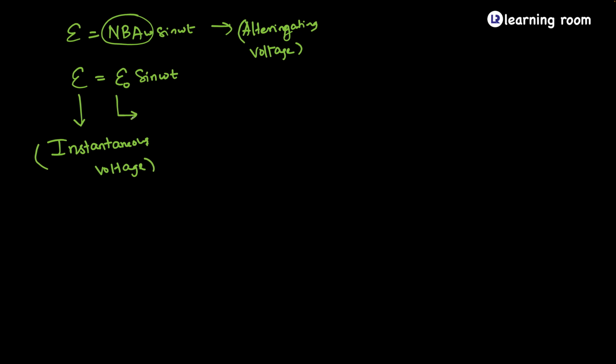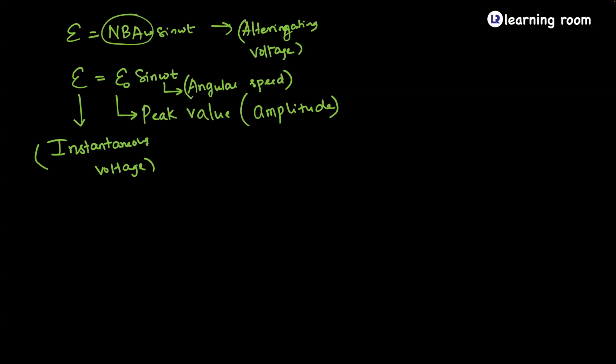This E naught is what is called as the peak value, or it is also called as the amplitude. And omega is the angular speed. So this angular speed is the one which decides the frequency of the alternating voltage, right? And t is obviously going to be some instant of time, right?